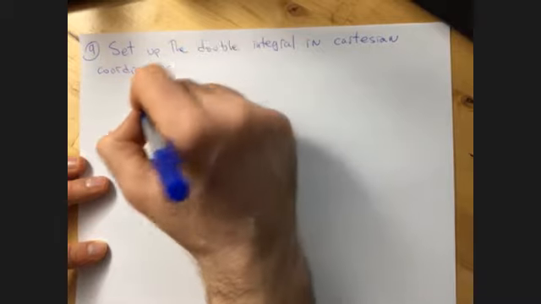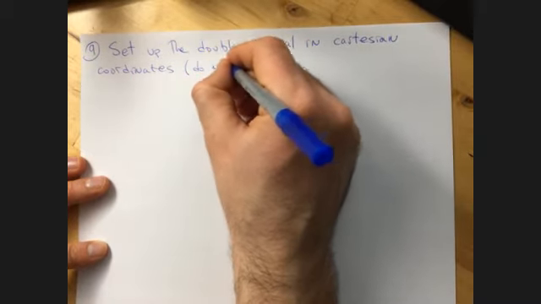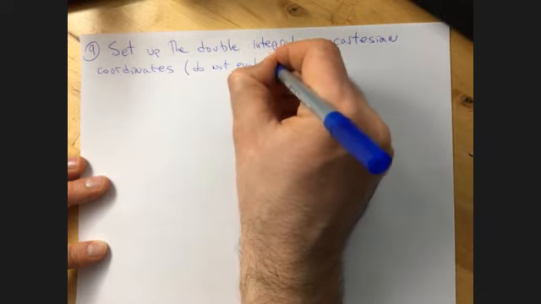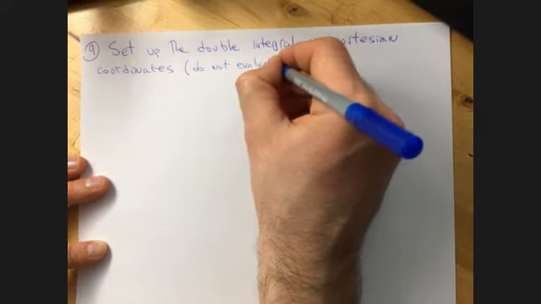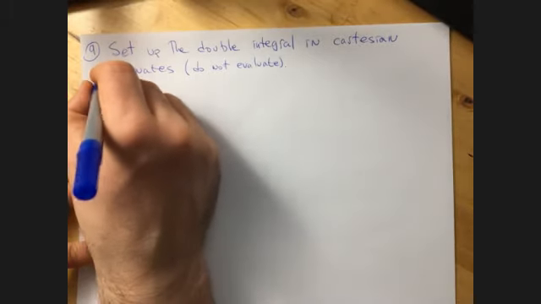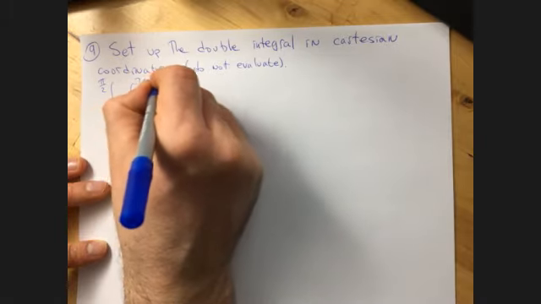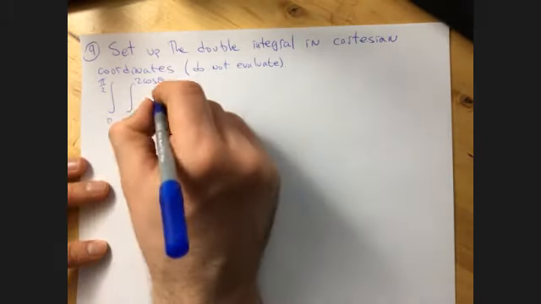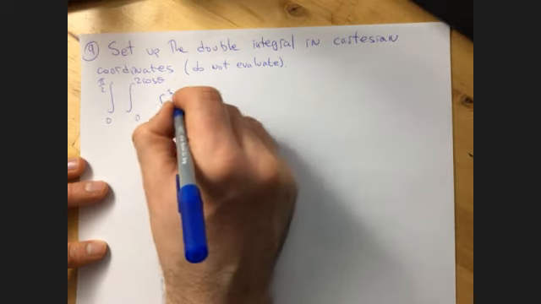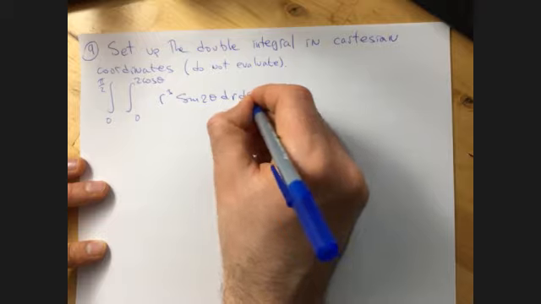If it says set up, then we don't have to evaluate it. So the integral is from 0 to pi over 2 and from 0 to 2 cosine theta, r cubed sine of 2 theta dr d theta.